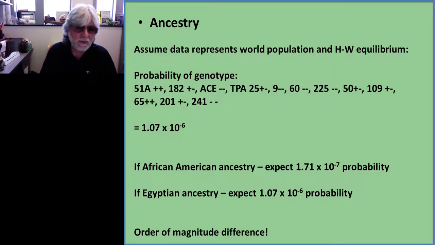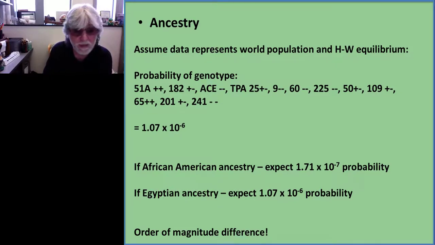But if we assume the world population is in Hardy-Weinberg equilibrium, and a student had a particular genotype, the one that I show you here, the chance of that genotype would be 1 out of 1,000,000. But when you compare different ethnic origins, for African-American ancestry you would expect, based on allele frequencies, 1.17 times 10 to the minus 7 probability.